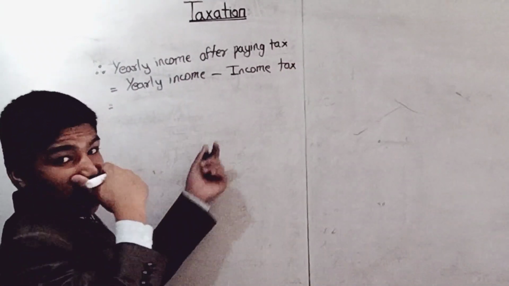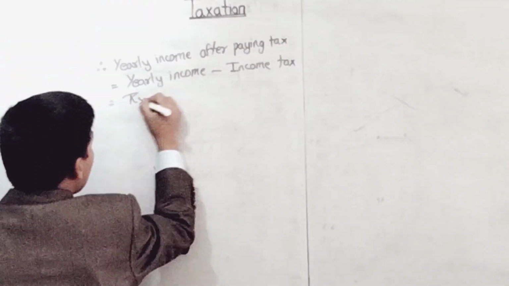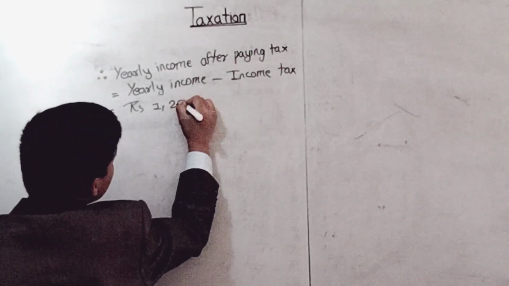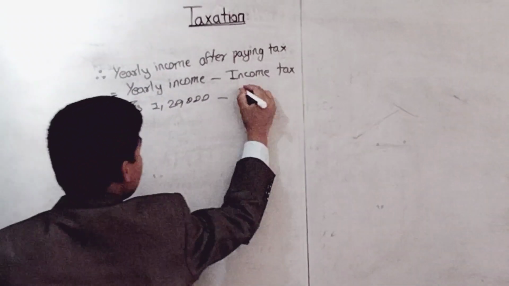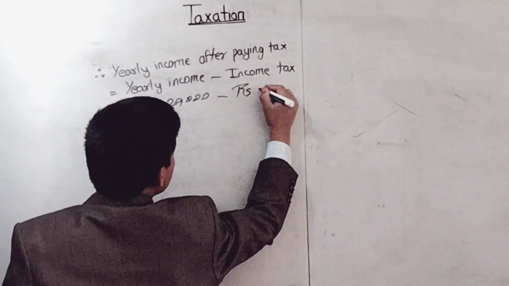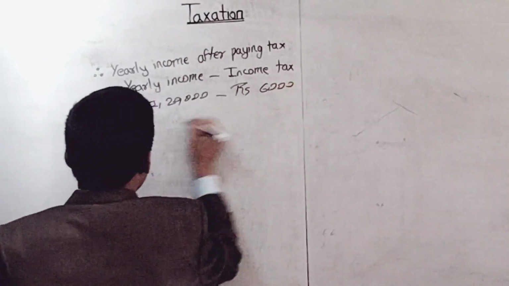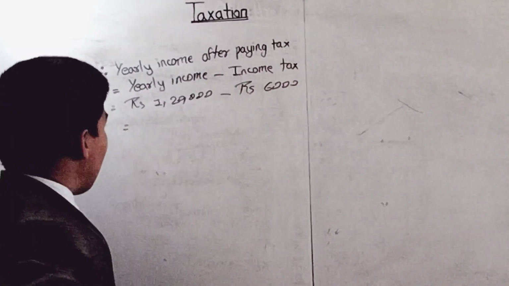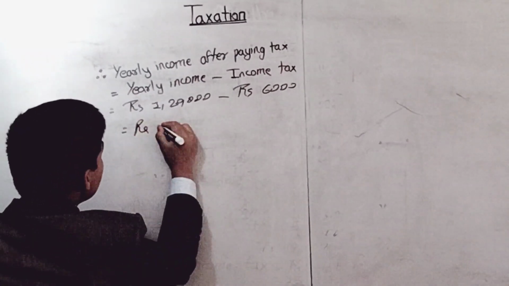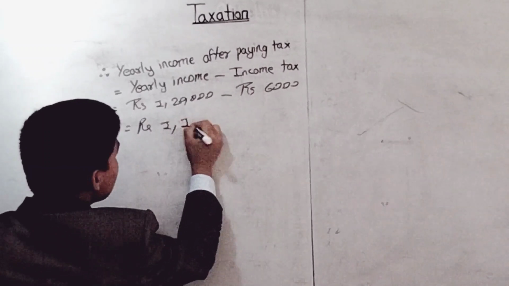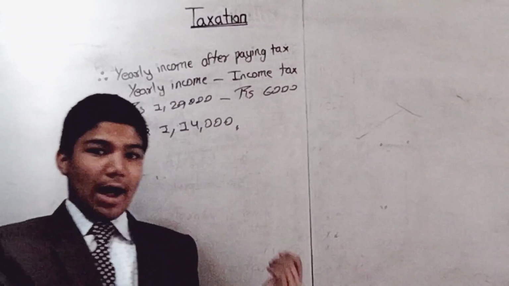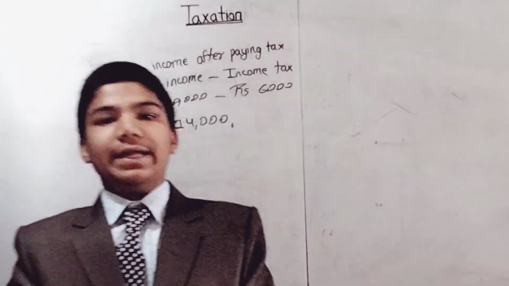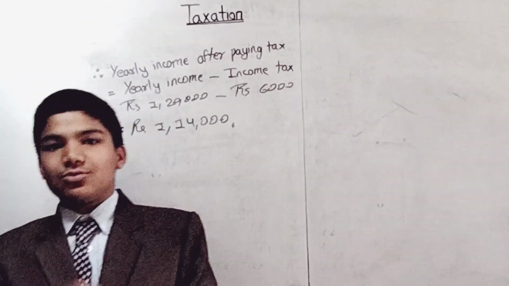Our yearly income was rupees 1,20,000, and our income tax was rupees 6,000. Now when we subtract this, we will get rupees 1,14,000. So this is our yearly income after paying tax. Now let's move to the next question.